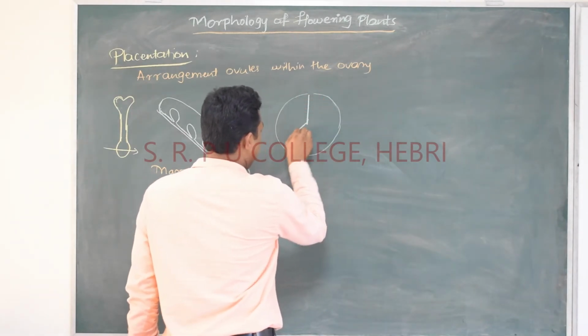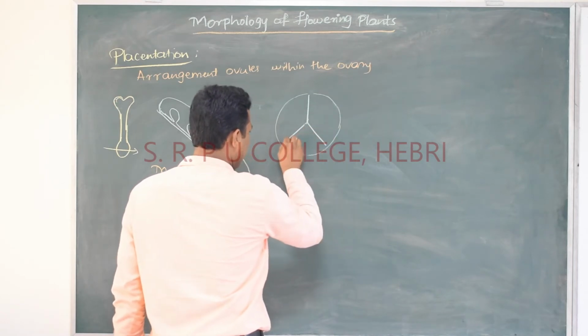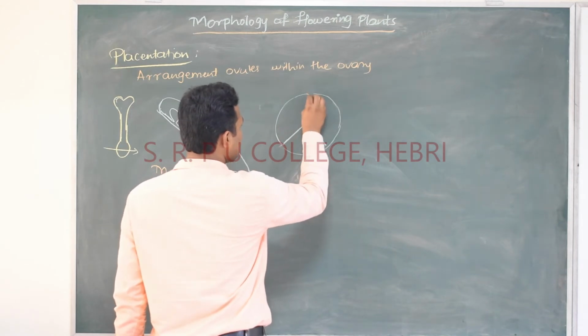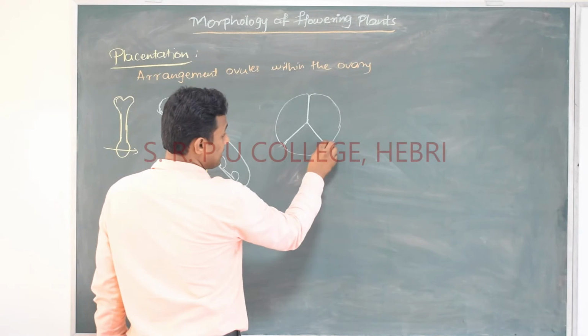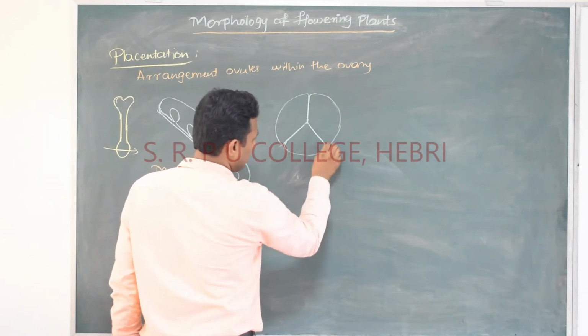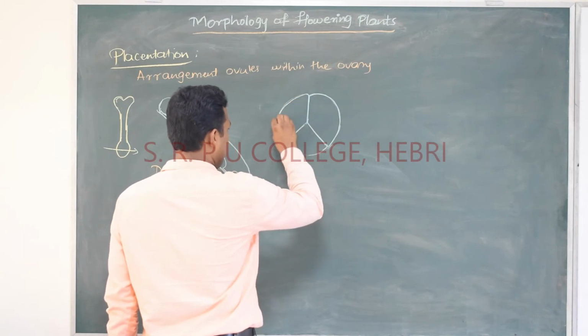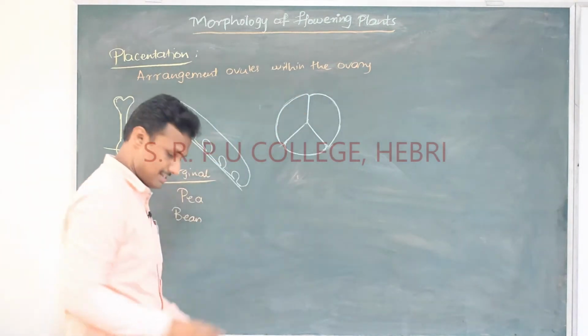The central axis of the ovary will be there, and around the central axis of the ovary the ovules are arranged. The arrangement of the ovules around the central axis of the ovary is called axial placentation, and the diagram of axial placentation will be like this.